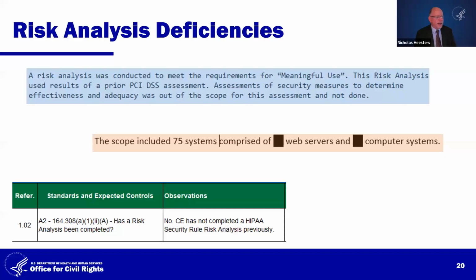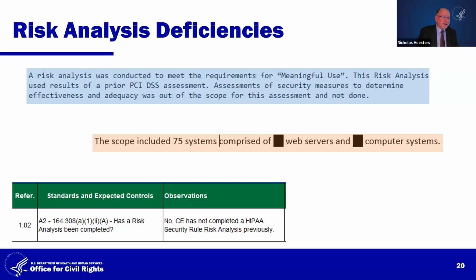Depending on when this assessment was done, and we're talking about a PCI DSS assessment, which most likely is not going to consider risks to all of your ePHI, because PCI DSS is concerned with risks to financial information, to credit card numbers. So I would venture to guess that it's probably not going to be all-encompassing to include ePHI throughout the organization. Again, this will be a fairly narrow assessment.